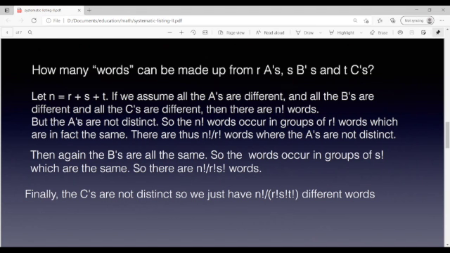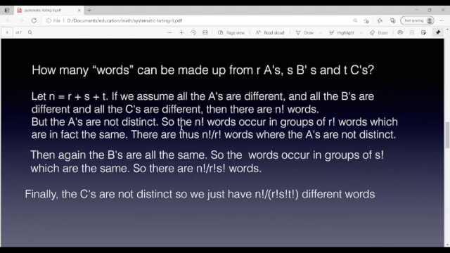But the A's are not distinct. So n factorial words occur in groups of r factorial words, which are the same. So then that means it's n factorial divided by r factorial words where the A's are not distinct.